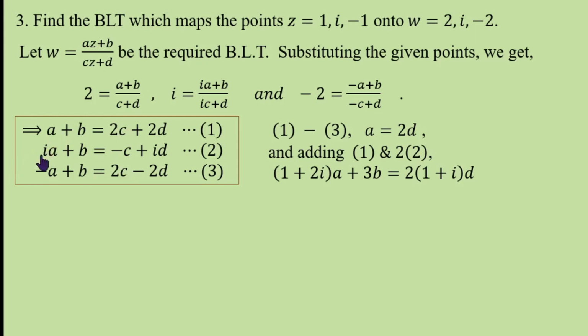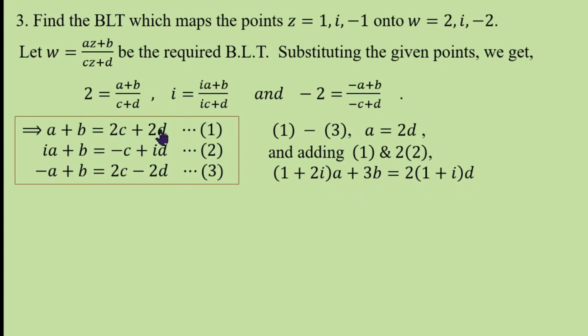So you will get a plus 2ia, that is 1 plus 2i into a, and b plus 2b, that is 3b, 2c minus 2c, because of 2 times equation 2, therefore c cancels.